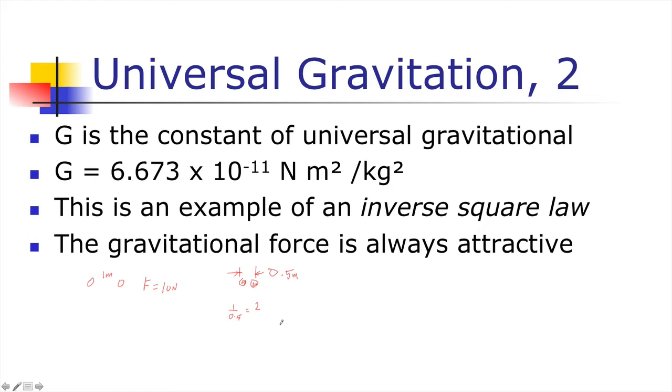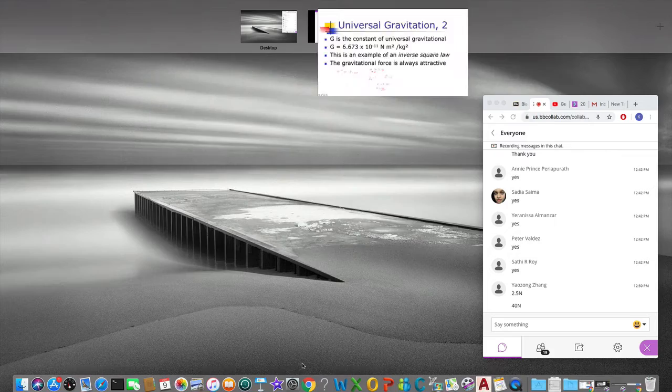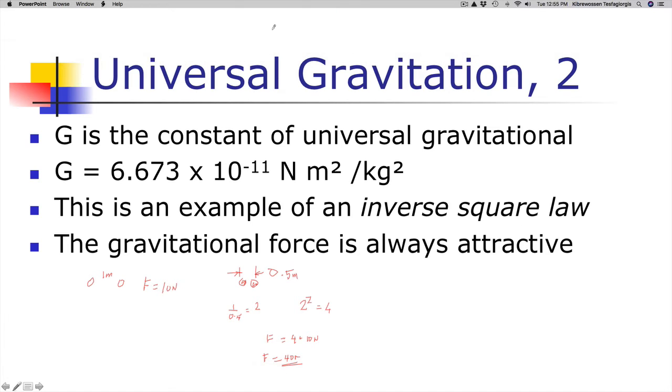But you need to square that, so the square of 2 is 4. So the new force is going to be 4 times the original, and the original was 10 Newton. So when the distance between the two is halved, it is 40 Newton.